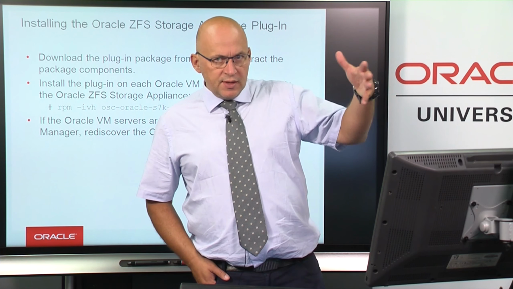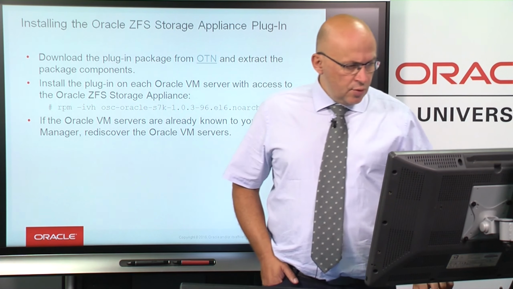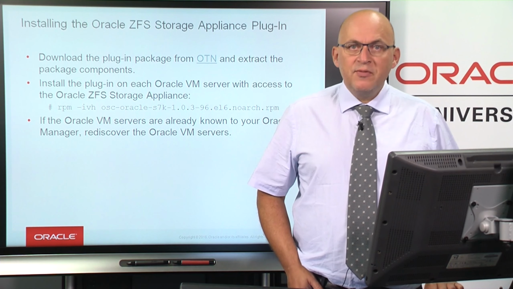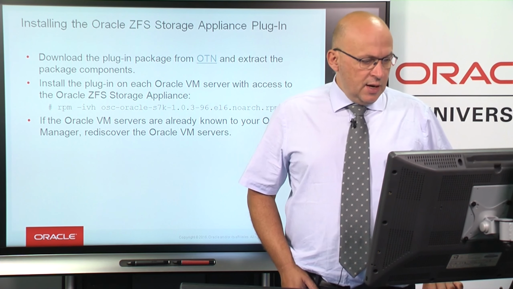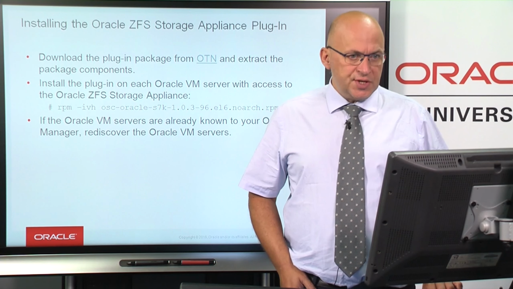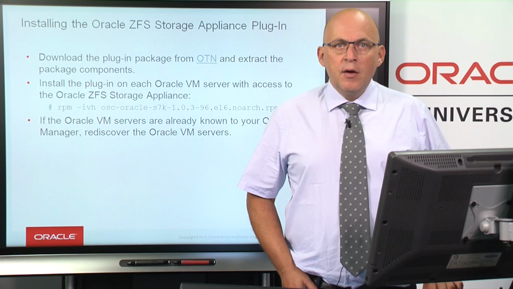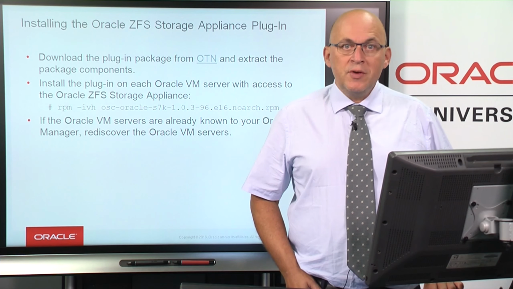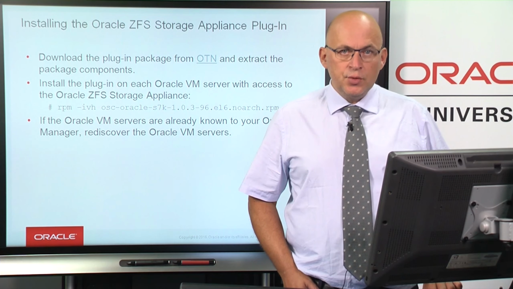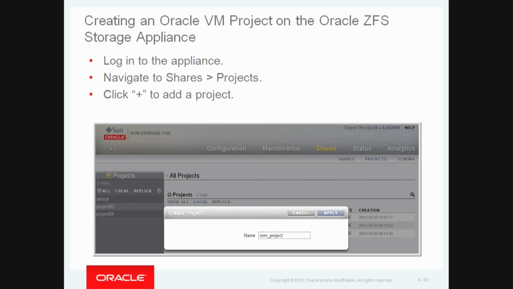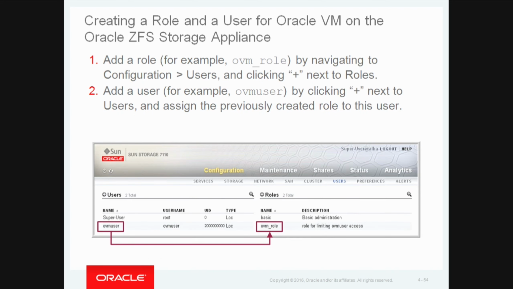Usually, in any case, you have to download these RPM files from the vendor side. In our case, it's ZFS, so you have to get these RPMs from the Oracle side. Then you have to install them on every single server as root. Once you have done that, we suppose that as a ZFS administrator, you go to the ZFS appliance and manipulate the storage in order to present it to your servers.